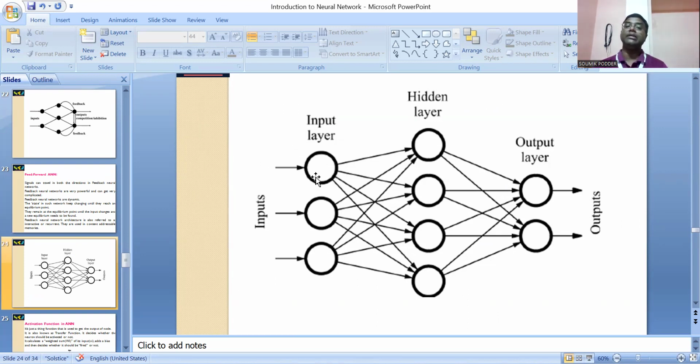The input layer immediately applies weights onto the inputs. The weighted inputs then go to the hidden layer, where they are processed. In the hidden layer, the activation function is imposed as well as the bias value. So the hidden layer is basically responsible for providing the activation function. Then the activated and further weighted signals go to the output layer, and we get our desired outputs.